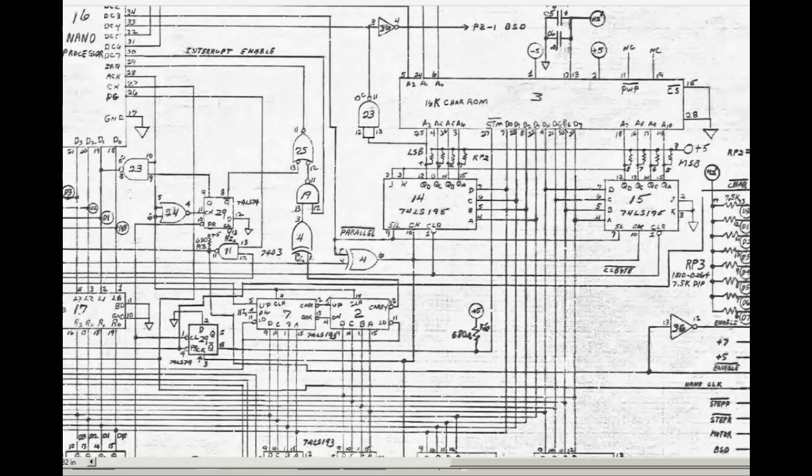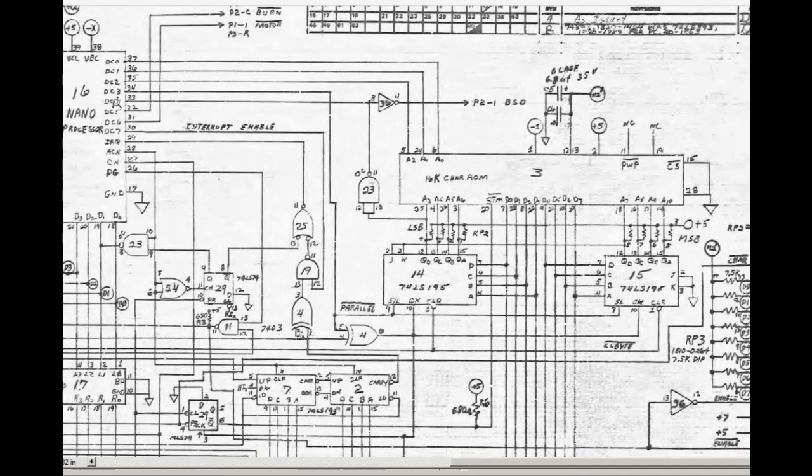Each character is selected based on the current character in that scan line position, and the current byte within the bitmap is selected using the lower 3 bits of the address, which in this case are controlled by the Nano processor. This system's a bit more complex than most, in as much as the Nano processor doesn't actually scan the lines in order, so it doesn't go through from 0 to 7 as a CRT system normally would.